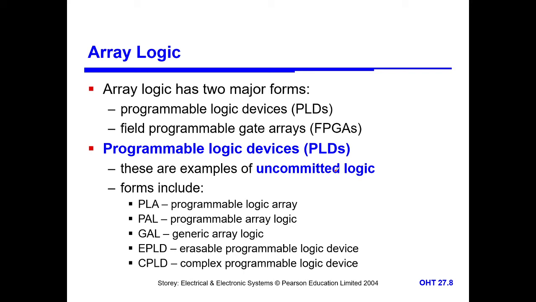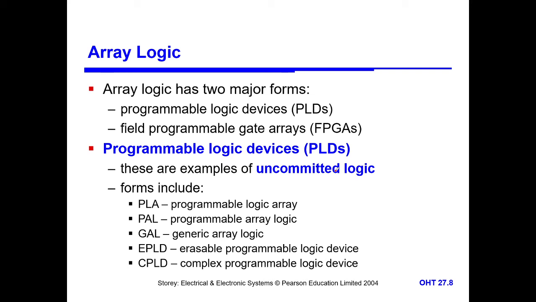So array logic will be divided into two things. One is SPLD, simple programmable logic devices. Another one is complex programmable logic devices. In complex programmable logic device, again we will be having the FPGA and CPLD. In simple programmable logic devices, we have three types. One is PROM, programmable read-only memory.